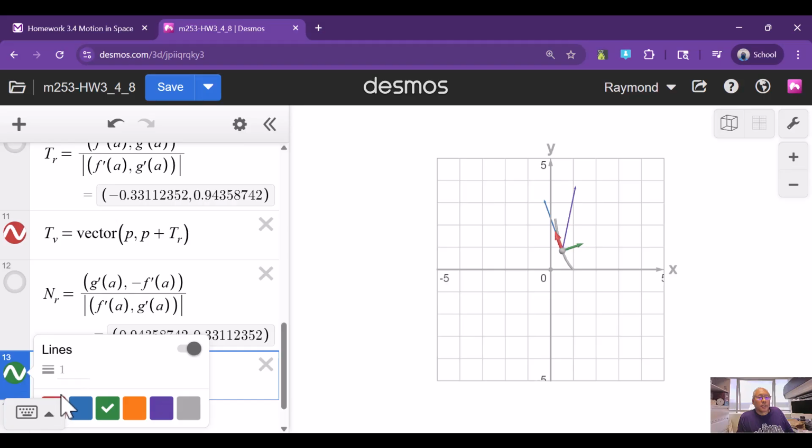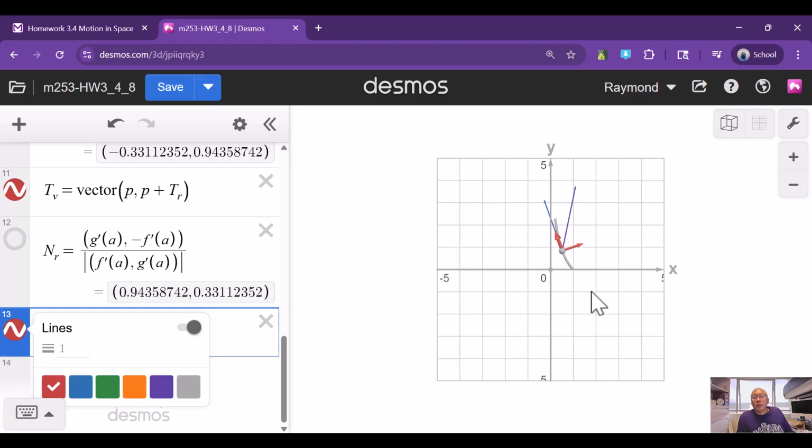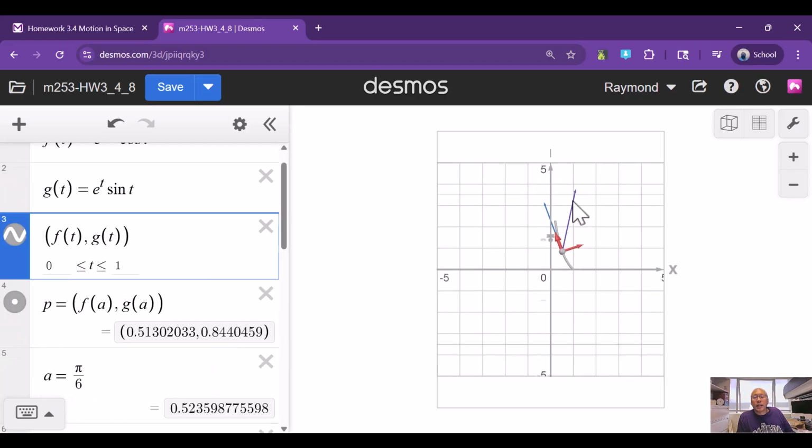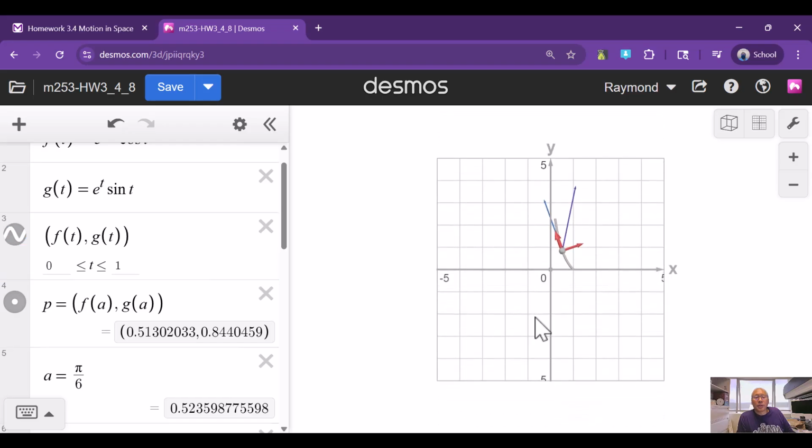And what I'm noticing is that the normal vector is going on the same side as the acceleration vector, which is what I want.